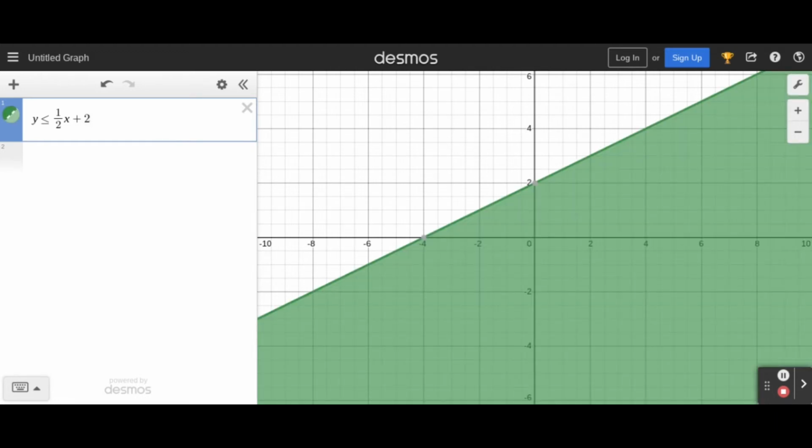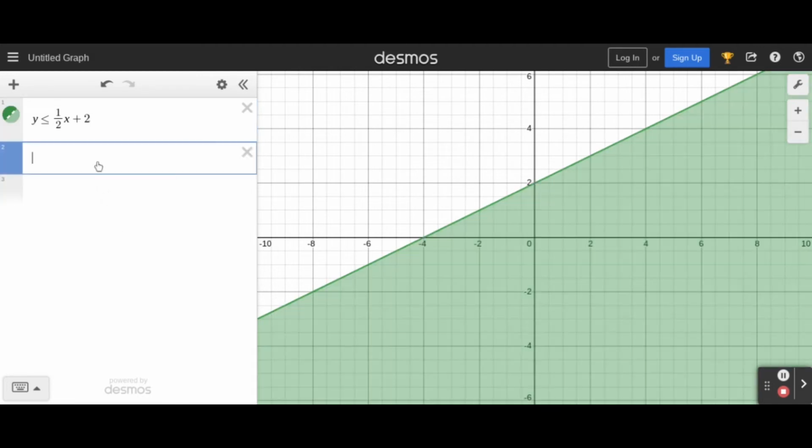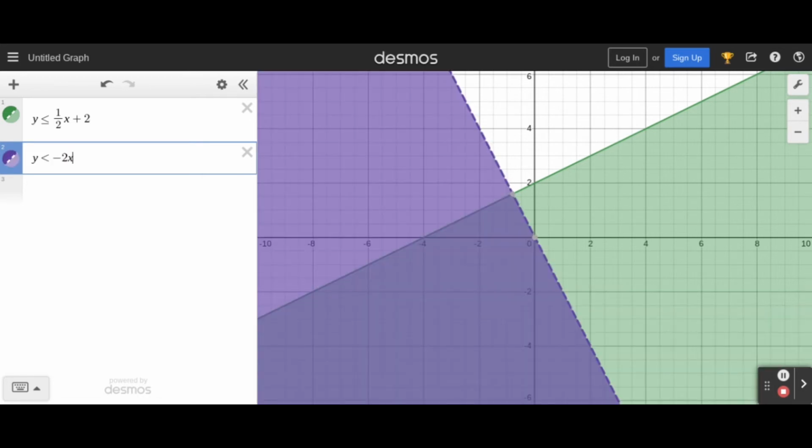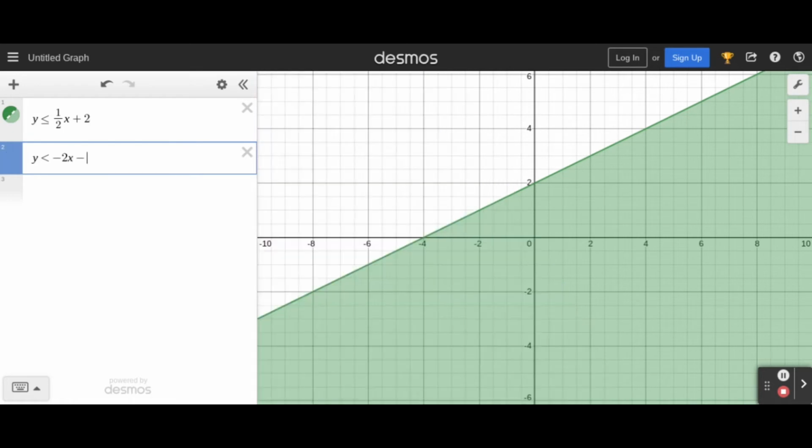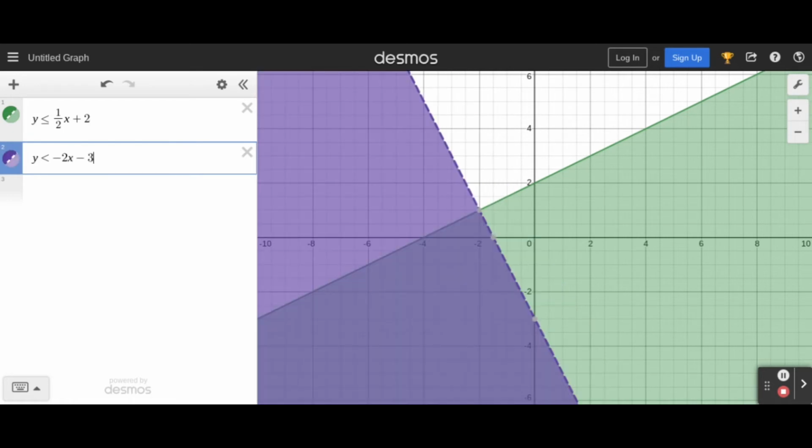All right, that's one of my guys. Let's click down here. My other guy is y is less than, so I could just type out the regular less than button instead of having to click the keyboard. -2x -3. So green, purple, double shading right there.